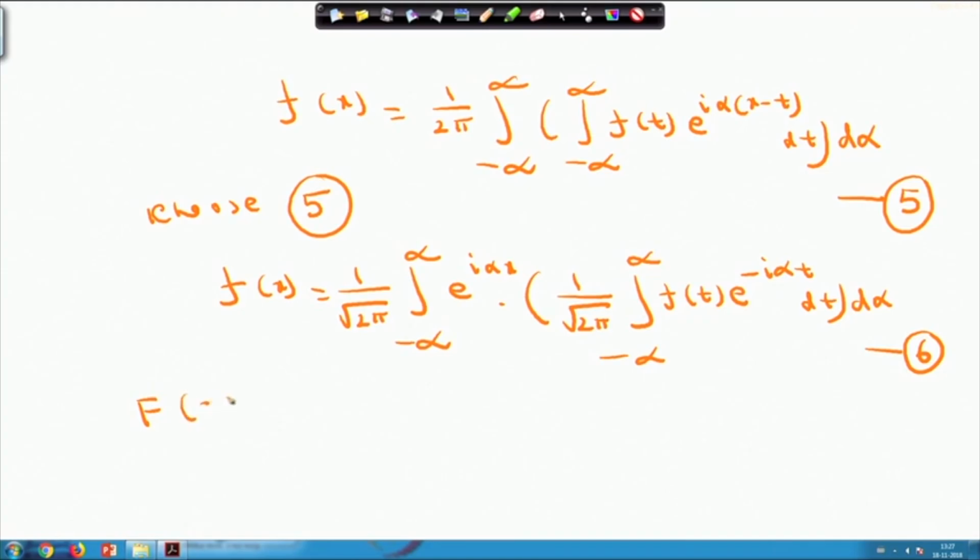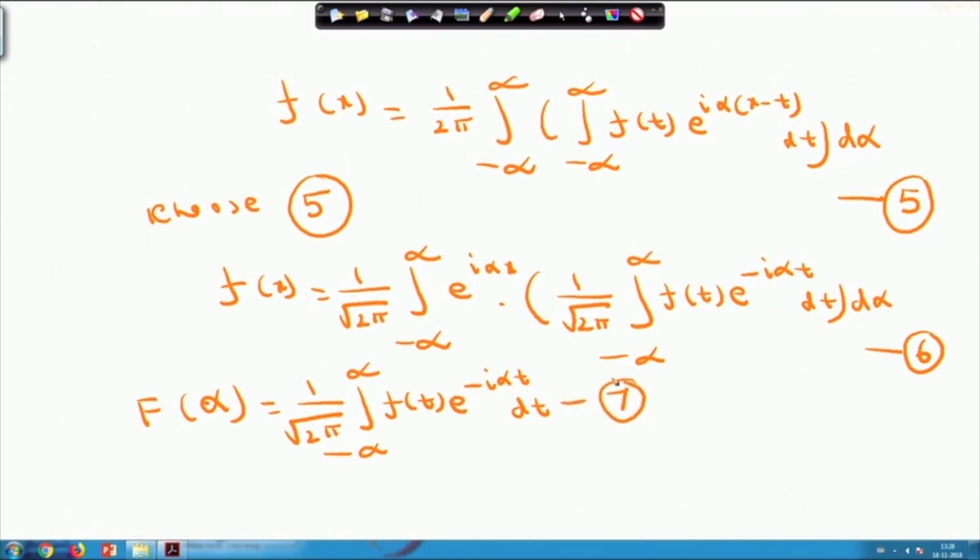capital F of alpha equals 1 by root 2 pi, minus infinity to infinity f(t) e^(-iαt) dt. If I choose F(alpha) equals this inside integral, basically 1 by root 2 pi, minus infinity to infinity f(t) e^(-iαt) dt, say this is equation 7.